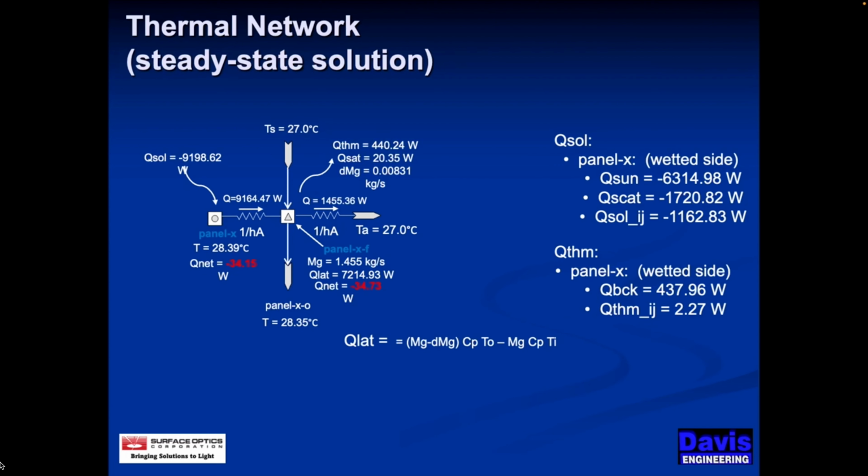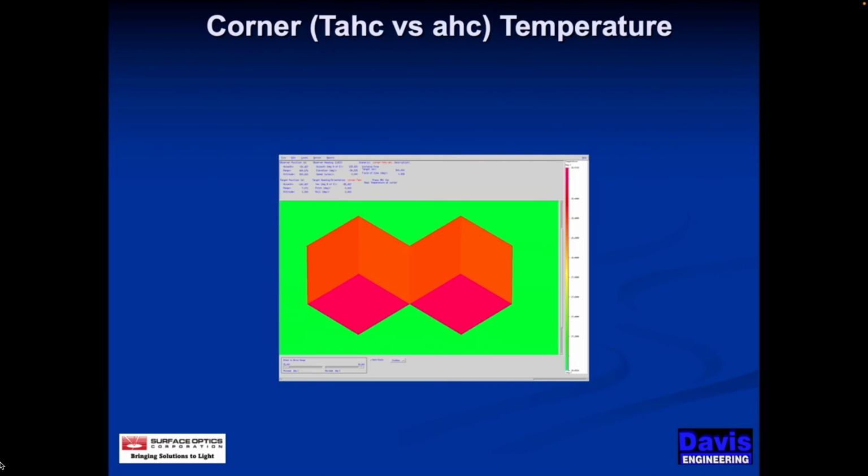Similar solution, I've insulated the backplate, so this is not two-sided anymore, and the thermal problem is a little bit simpler, but we have multi-bounce. You can see here the Sol IJ is the collection of multi-bounce on one example, and it's almost equal to the scattered sunlight from the background. So it's really important to include that when you're looking at LSA properties.